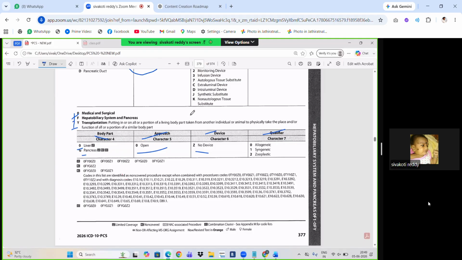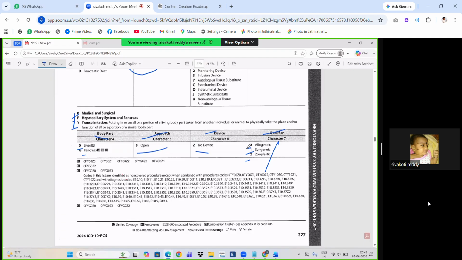Seventh character, what do you find here? Qualifier: allogenic, syngenic, zooplastic, correct? Yes. 0, 1, 2. Up to 6 digits you are getting anyway in the index. Just you are finding allogenic, syngenic, zooplastic. That's it.